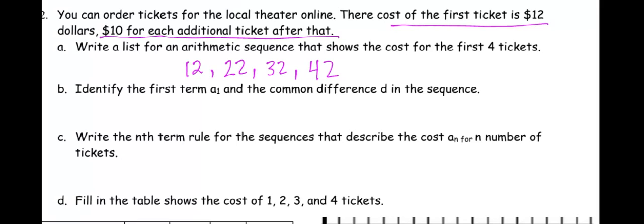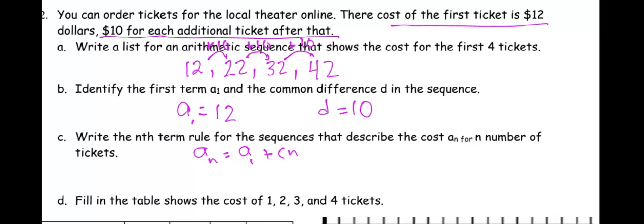Identify the first term. The first term in this list is 12. The common difference, every single time we had to pay an extra $10. So $10 is the common difference. And now the question is to write the nth term rule for a sequence that describes the cost. The nth term rule follows the format a sub n equals a sub 1 plus n minus 1 times d.